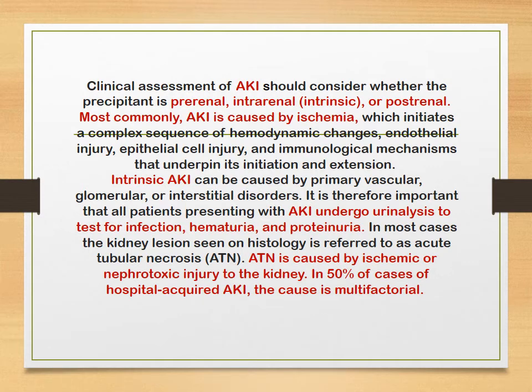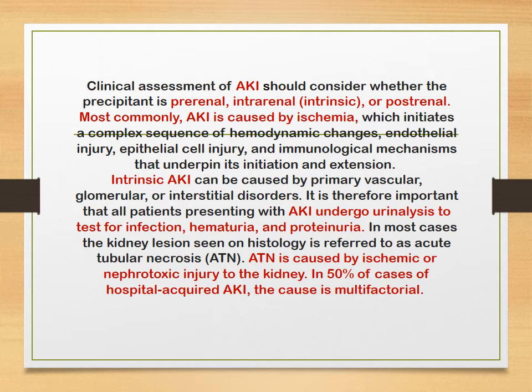Acute kidney injury may be pre-renal, intrinsic renal, and post-renal. The most common cause of acute kidney injury is ischemia. Intrinsic acute kidney injury may also be caused by primary vascular, glomerular, or interstitial disorders. It is therefore important that all patients presenting with acute kidney injury undergo general urine analysis for infection, for hematuria, for proteinuria.